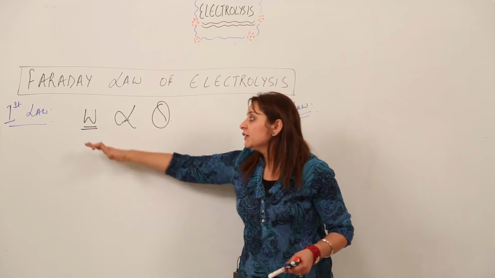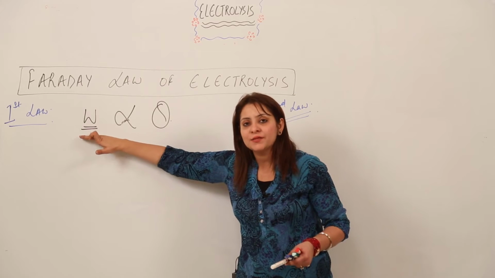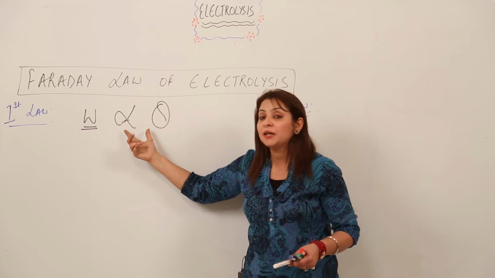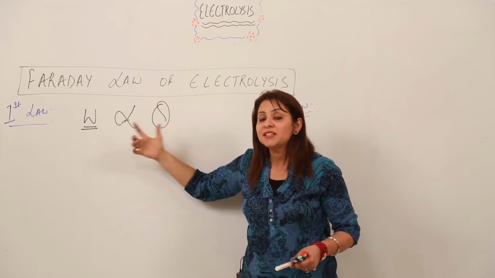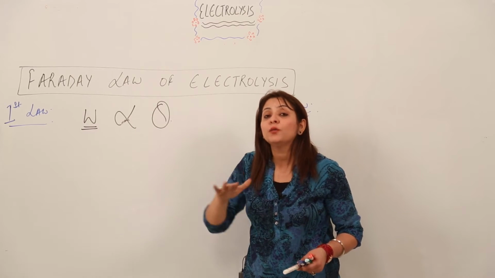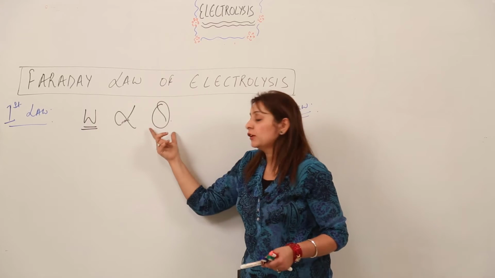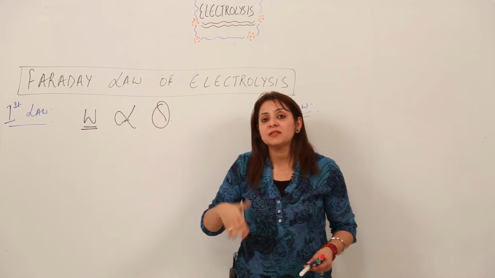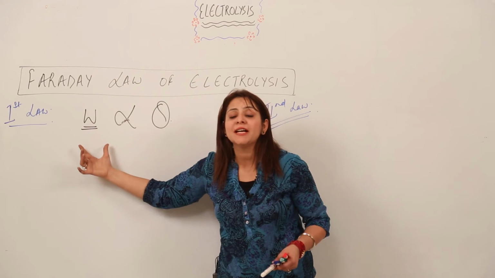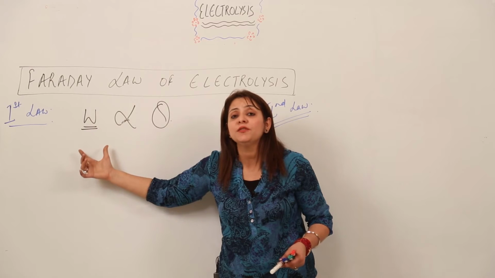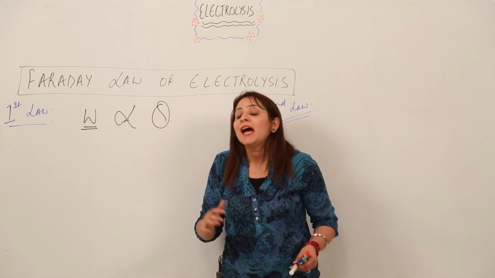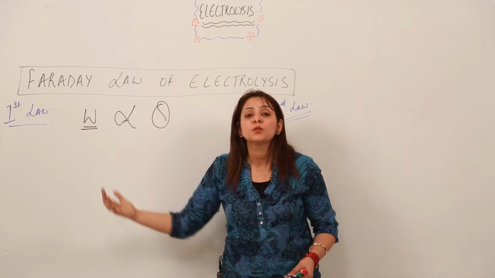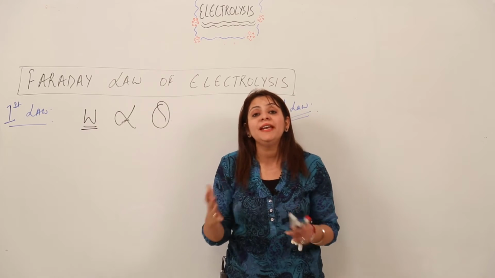That means it depends directly on the amount of electricity passed through it. If the electricity passed is increased, the weight of the substance is obviously going to increase. And likewise, if we decrease the amount of electricity, the weight of the substance will decrease. So, they vary directly.